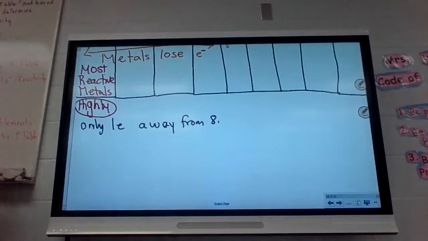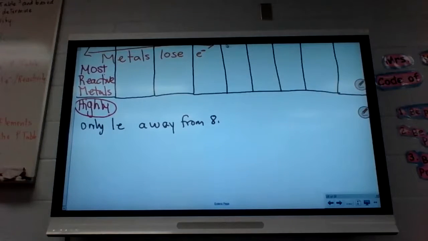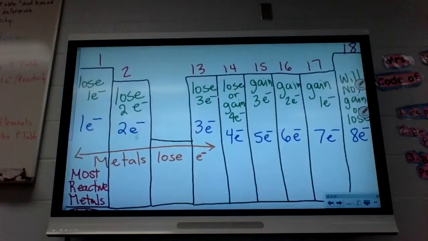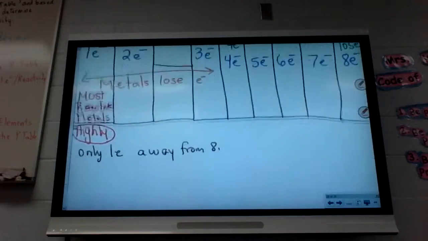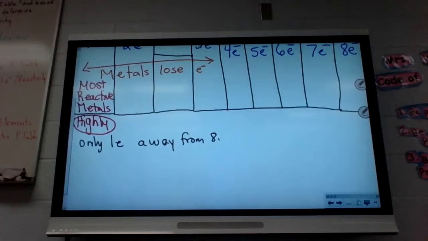All they have to do is do what with that electron? Lose it. Okay? They have 1 electron in that outer shell. All they have to do is lose it. So they are 1 electron away from 8. All they have to do is lose that 1. And suddenly they're at the magic number of 8.